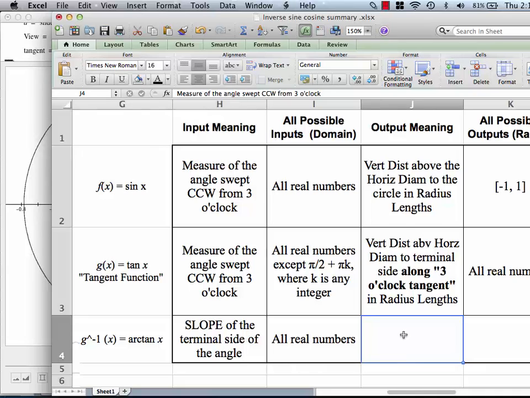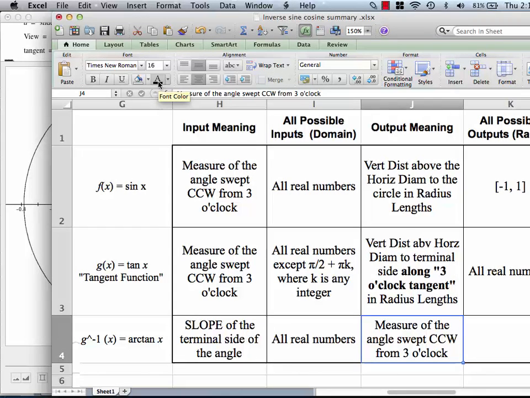Did you start saying something? No. Okay. So do you know what it will be? Don't know. Okay. Hamid? Measure of the angle, right? Just like inverse sine and cosine. What comes out? The measure of the angle.